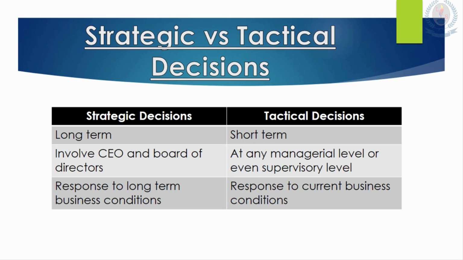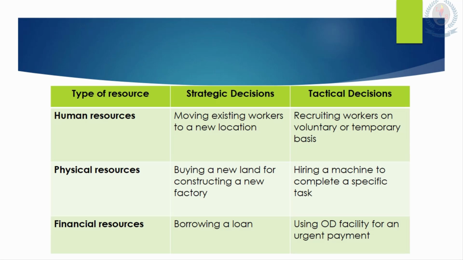So you need to have clear knowledge regarding the difference between these two types of decisions. These strategic decisions and tactical decisions actually make a huge impact on the resources of a company.